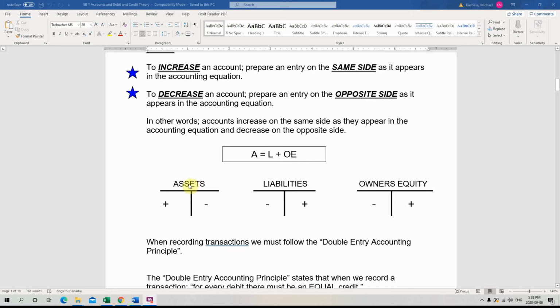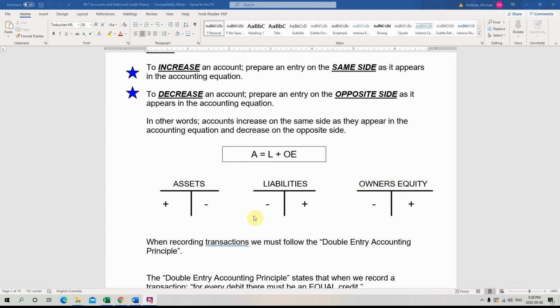Graphically, the rules are this: assets increase on the debit side, the left-hand side of a T account, and decrease on the right-hand side. Liabilities decrease on the debit side and increase on the credit side. Owner's equity follows the same rules as liabilities.